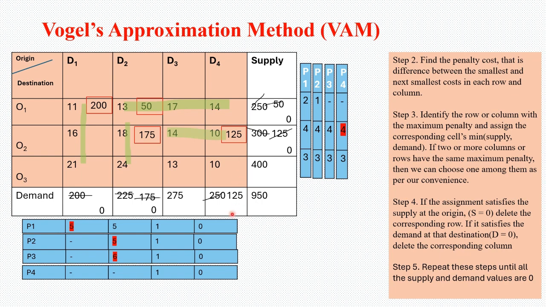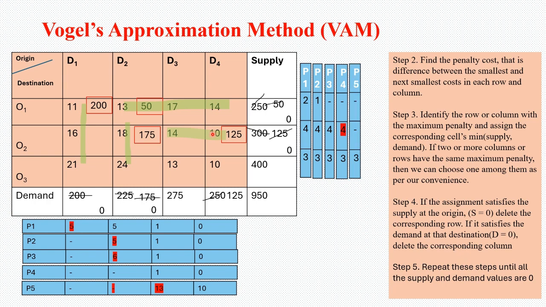Now, find penalty P5 for all rows and columns excluding the deleted column and row. P5 for third row is 13 minus 10, that is 3. Find P5 for third column is 13 as it is the only value left. Similarly for last column it is 10. Now, among all the penalties, 13 of the third column is maximum. This is the only cell left in the third column. We have to assign a value here. Corresponding supply is 400 and demand is 275. 275 is less.